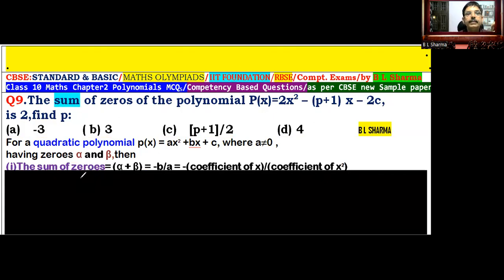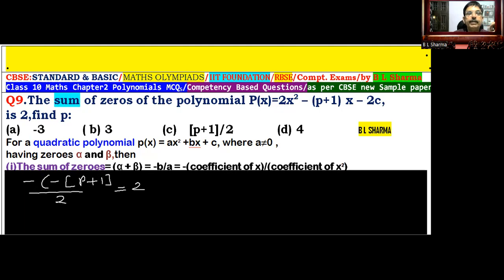The sum is given as 2. So negative of the coefficient of x, that is minus (p plus 1), upon the coefficient of x square, which is 2, is equal to 2.